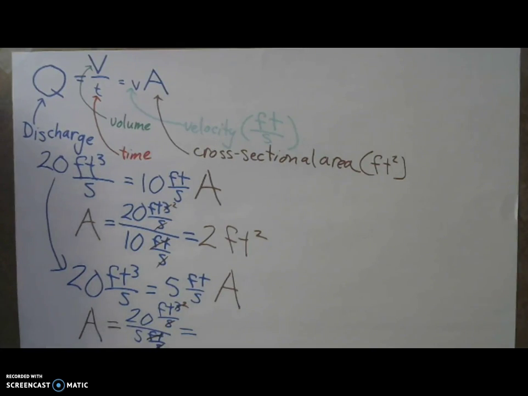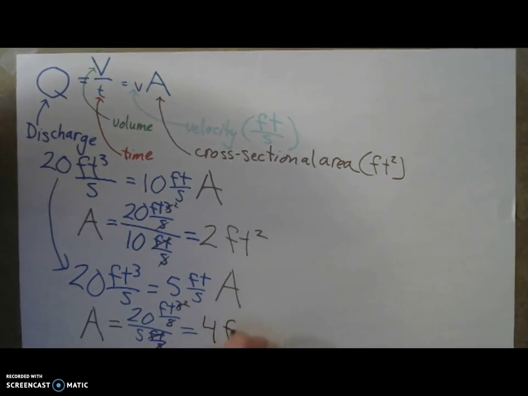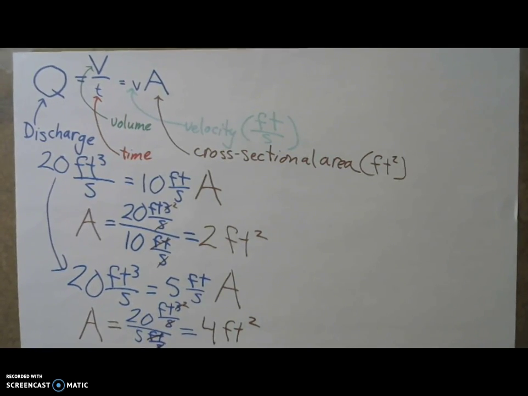It got bigger. It actually doubled to 4 feet squared. Right. Five times 4 equals 20. Now let's step back and see if this makes intuitive sense.